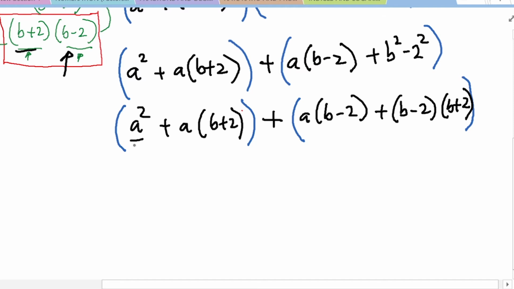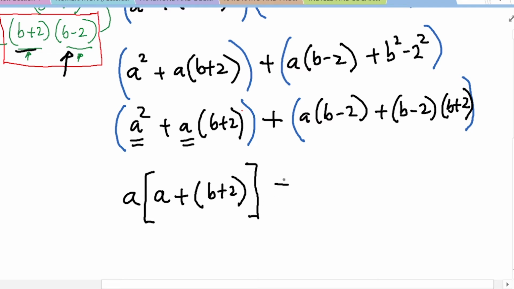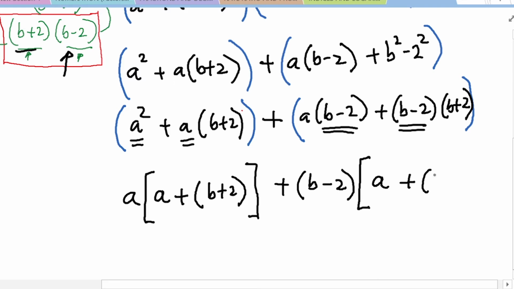If you see here, a is the common factor, so we can put a outside the brackets into here. We remain with a plus b plus 2. Okay, then we have plus. What are the common factors here? We have this b minus 2 and b minus 2 as a common factor, so we shall come and say it's b minus 2 into, what remains here is a plus b plus 2.